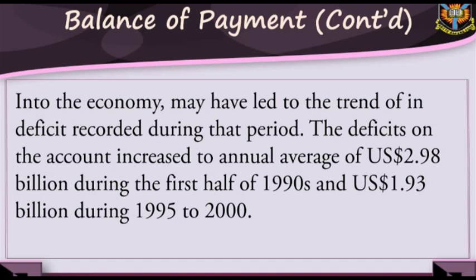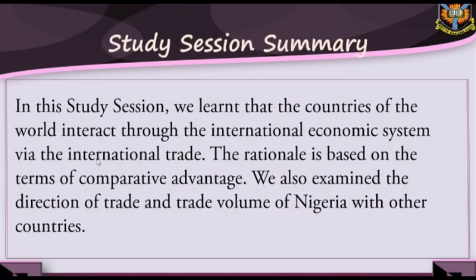Study section summary. In this study section, you learned that the countries of the world interact through the international economic system via international trade. The rationale is based on the theory of comparative advantage, which states that a country will gain from trade if it produces and exchanges goods and services for which it has a comparative advantage.